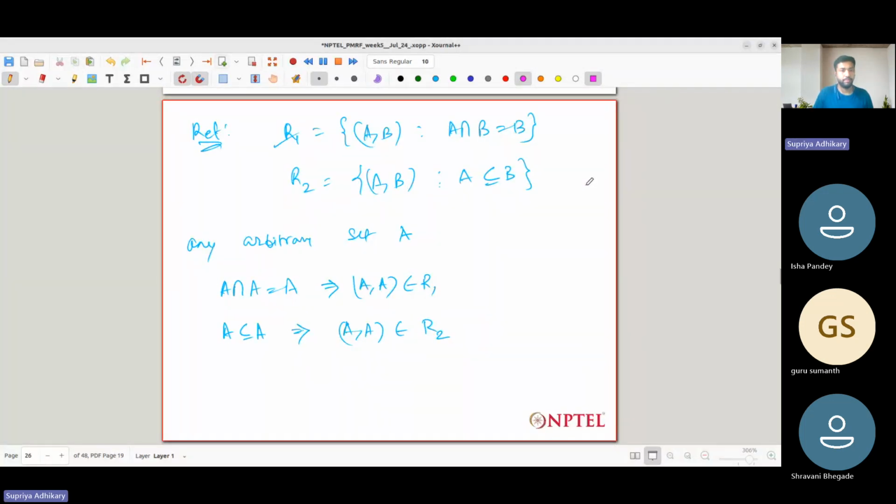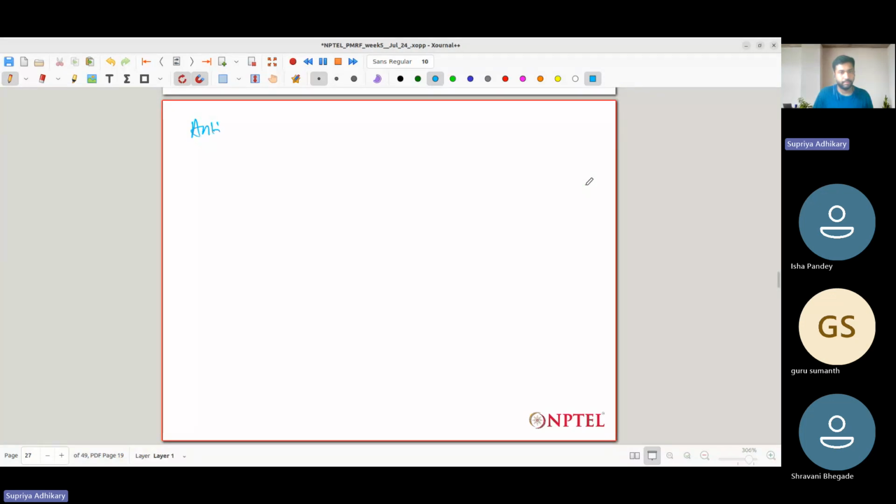Now what about antisymmetric? What was the antisymmetric relation? For any relation R, if AB belongs to R and BA belongs to R, that will imply that A is equal to B. Now let's see whether R1 and R2 both are antisymmetric or not.